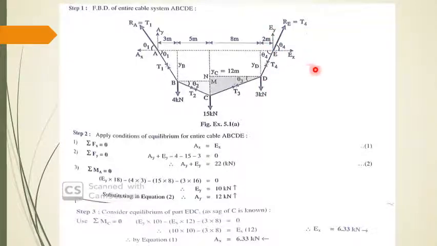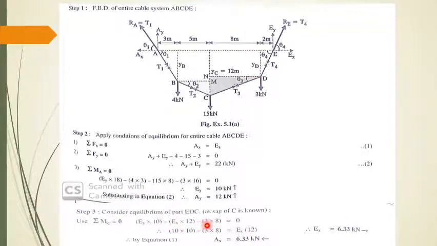Take the moments, the only unknown will be the reaction component EX. So EY multiplied by 10 minus EX multiplied by 12. This dip is 12 meter, hence the perpendicular distance between C and EX will be 12 meter. Then minus 3 multiplied by 8.